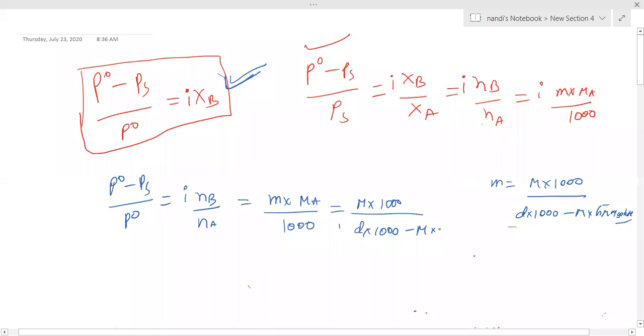So you can check it here: gram molecular mass of solute. So this is molality, sir, only the molality part.